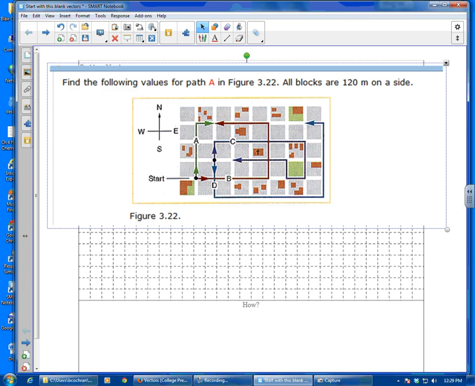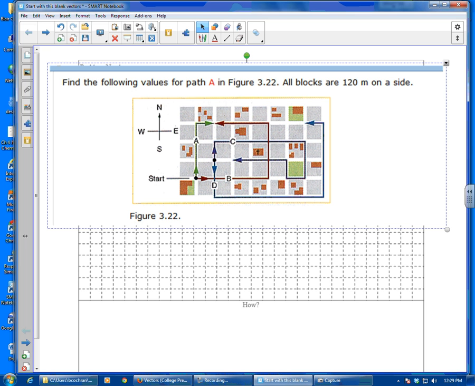So what I want to do is a vector diagram here of path A. I know that distance is how far I travel, right? And displacement is how far I am from where I started.